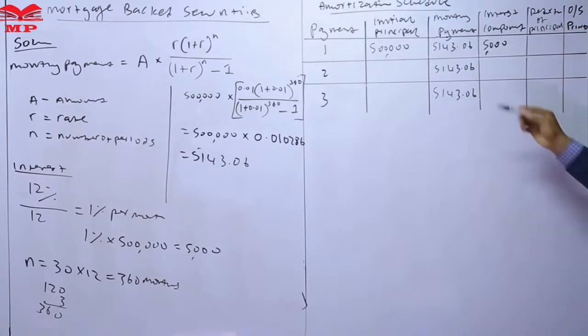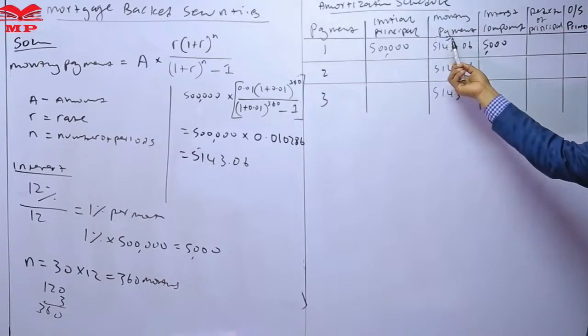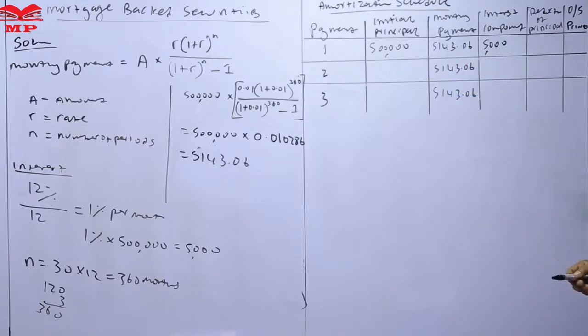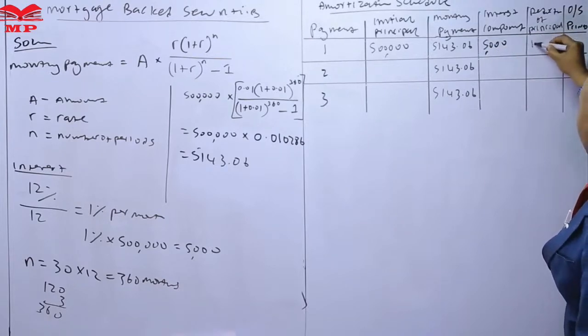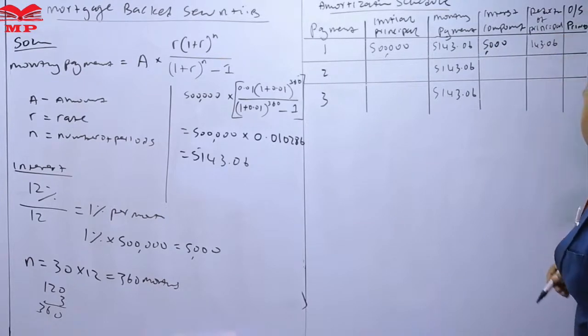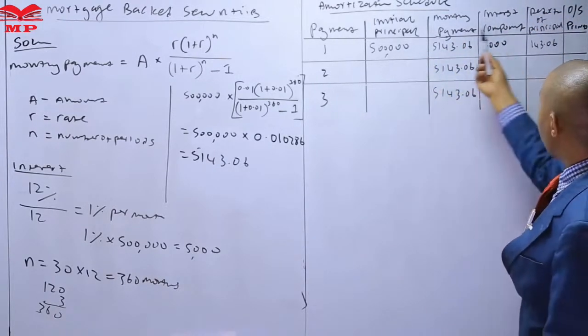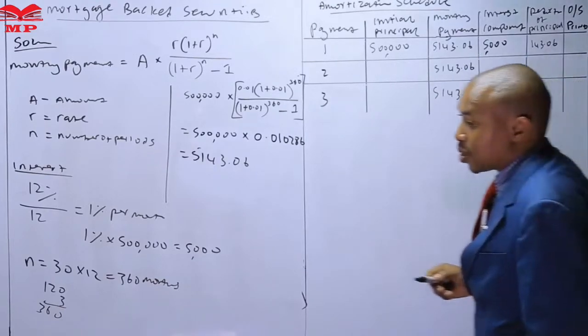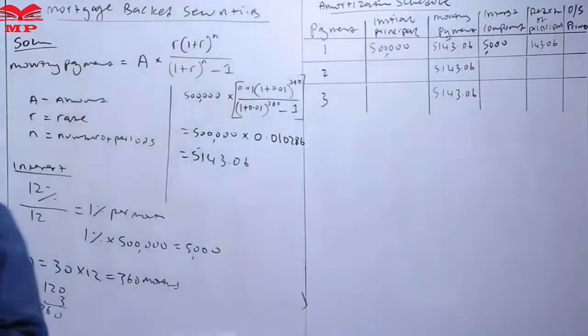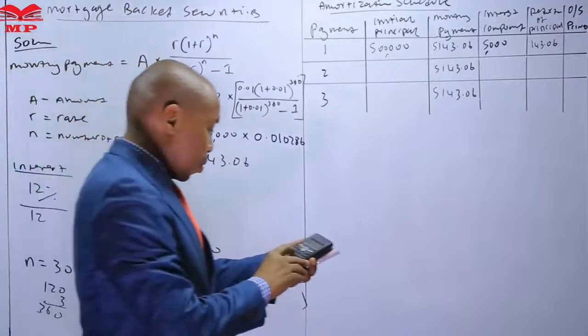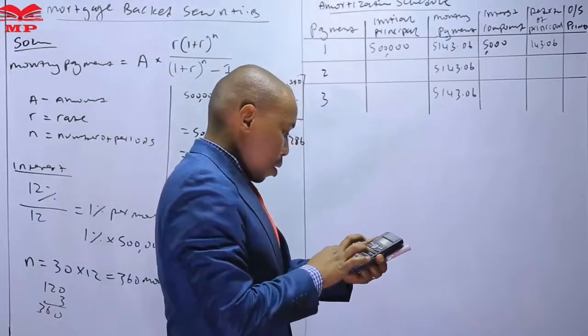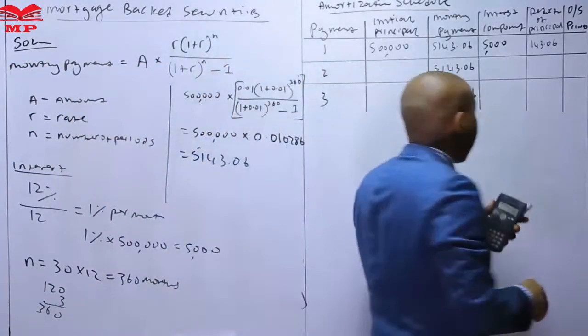The reduction of principal will be the difference between the monthly payment and the interest component. So this minus that, we can see it's 143.06 like that. Now the outstanding principal will mean that you will take the initial principal, you less the reduction of principal component. So how much do we get there? So we are saying we have 500,000 minus 143.06.